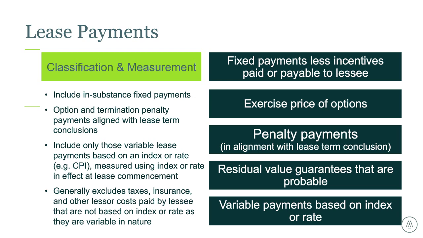But if there's variable payments like crop share, you would not include those and capitalize them into your lease payments. In fact, when the uncertainty of those variable payments comes clear, then you'll expense them as you incur them later on in life. So that could be a big difference.